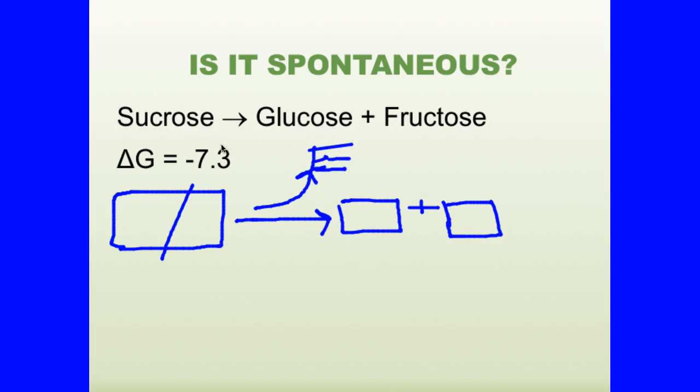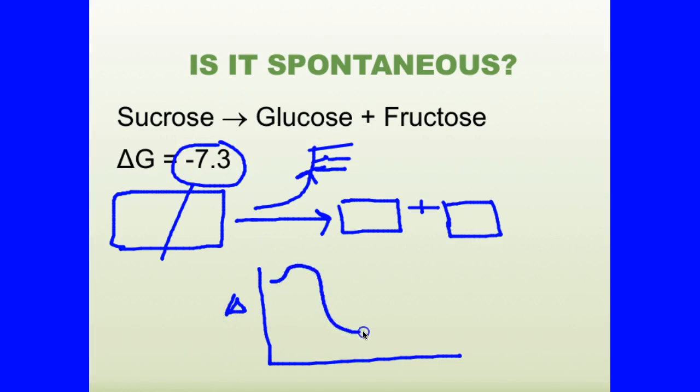That's why we also have this negative delta G. In the graph we drew at the very beginning of free energy, our sucrose molecule would have had all this free energy, and then we ended up with our two products down here, which resulted in a negative delta G, because it went from a higher energy state to a lower energy state, due to the release of energy in the system.